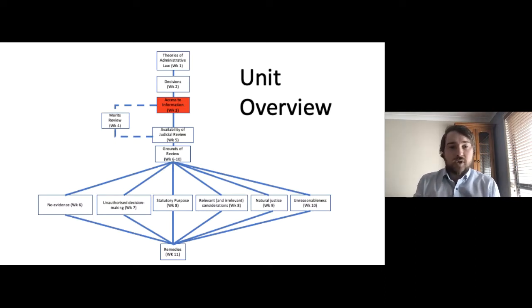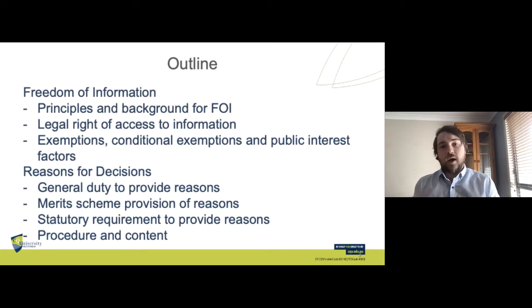So in terms of the flowchart that we talked about last week, we're in week 2, obviously, but we're really at the first step and at a bit of a crossroads for deciding whether we will eventually go into merits review or judicial review. But this week, I'll present 2 videos.